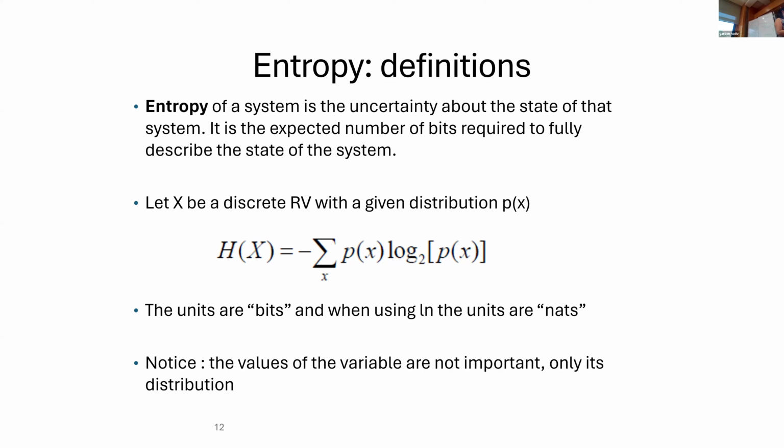And sometimes people use ln instead of log, which is common in the literature. This is called nats instead of bits. Bits come from binary digits, base 2. This is what bits means.